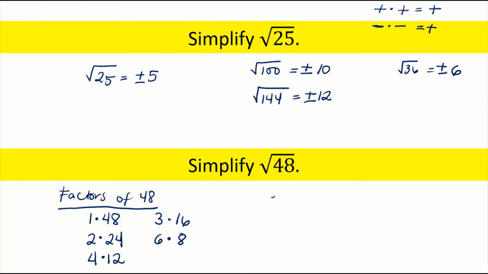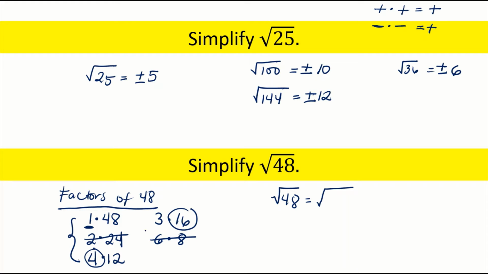If none, let us now simplify this by using the factors of 48, wherein the factors of 48 should include perfect square numbers. Looking at the list of factors of 48, the perfect square numbers are 1, where 1 squared is 1; 4, a perfect square number of 2; and 16, a perfect square number of 4. This means we disregard 2 times 24 and 6 times 8.